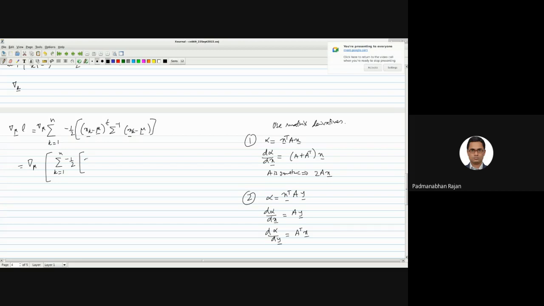Inside this there is xk transpose sigma inverse xk, minus xk transpose sigma inverse mu, minus mu transpose sigma inverse xk, plus mu transpose sigma inverse mu.